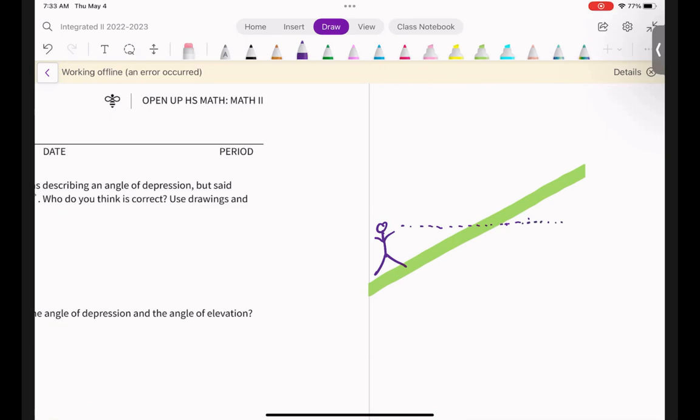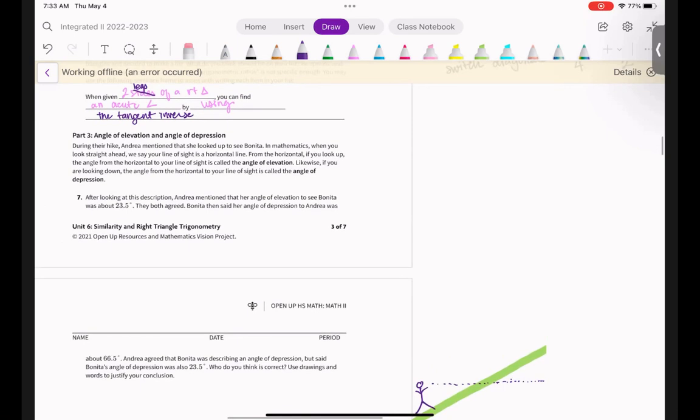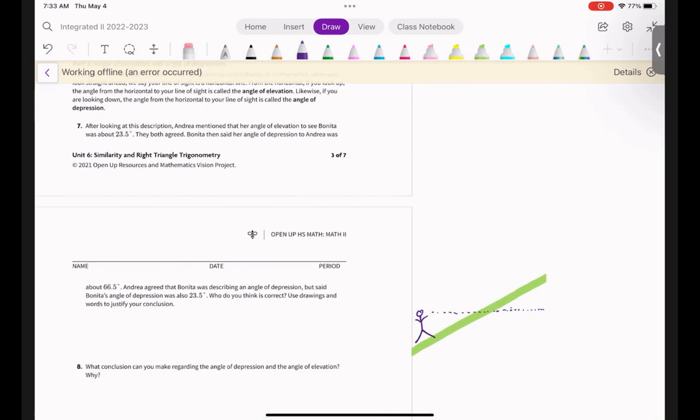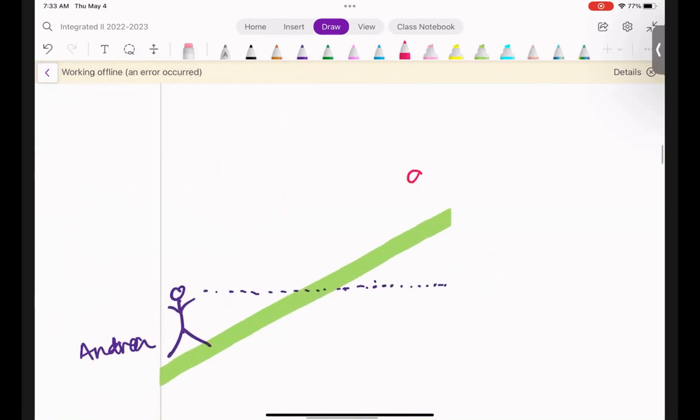I forget who's on the bottom. Let's see. Andrea mentioned that her angle, so this is Andrea down here. Okay. And she's looking up at Bonita. Let's put Bonita up here. When she's looking up at Bonita, like, right, like this, she said this is 23.5 degrees.